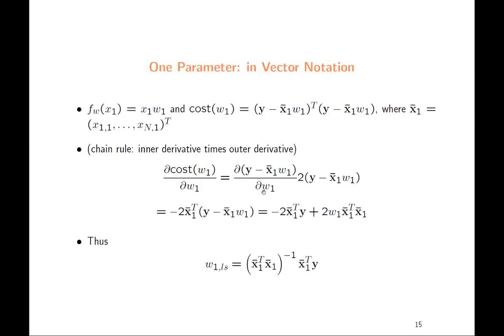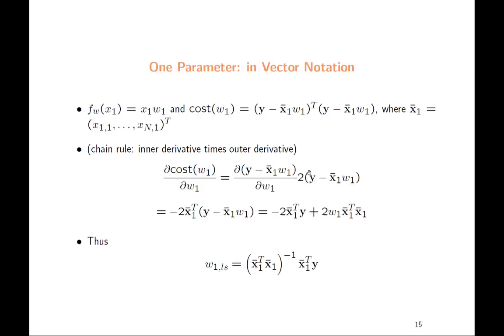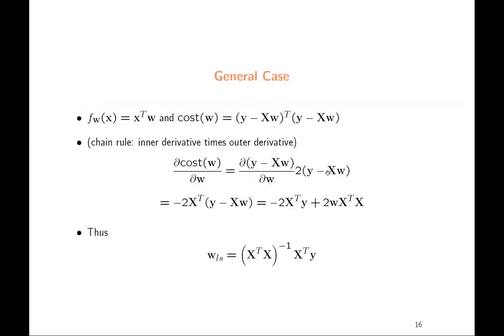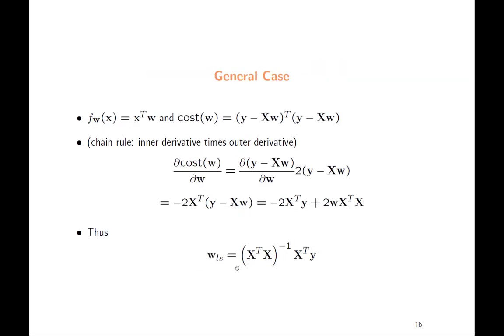So before it was this expression, now it's the derivative of y minus xw with respect to w, 2 times this expression becomes 2 times y minus xw. And this then becomes minus 2 x transpose times y minus xw. And we can take these terms together again: minus 2 x transpose y plus 2w x transpose x. And then the generalization of this formula is this famous least squares solution. So this is really an important solution.